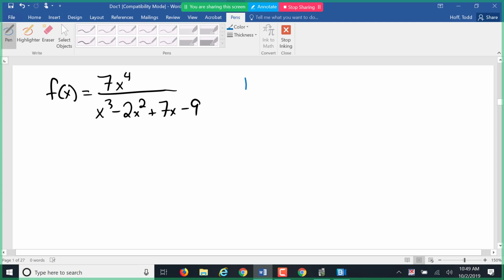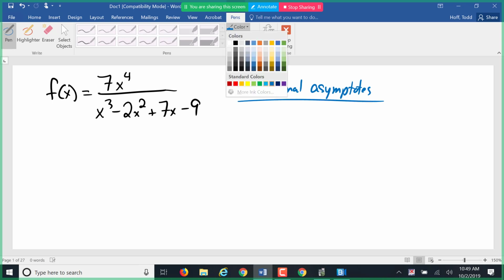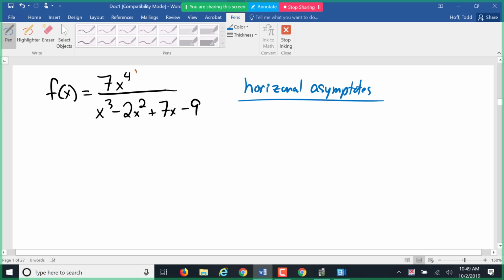What do we know about the horizontal asymptotes? We have a degree of 4 and a degree of 3. 3 is less than 4, so there are no horizontal asymptotes in that function.